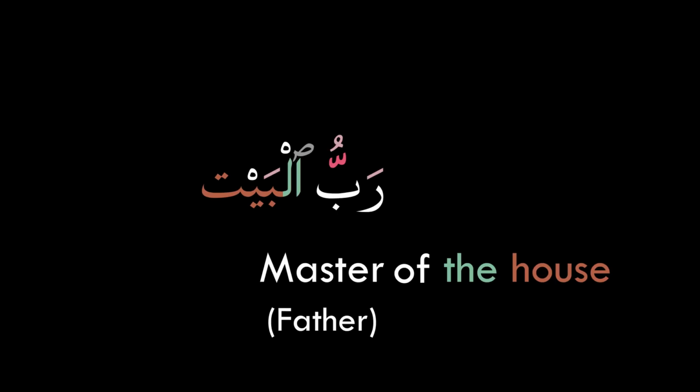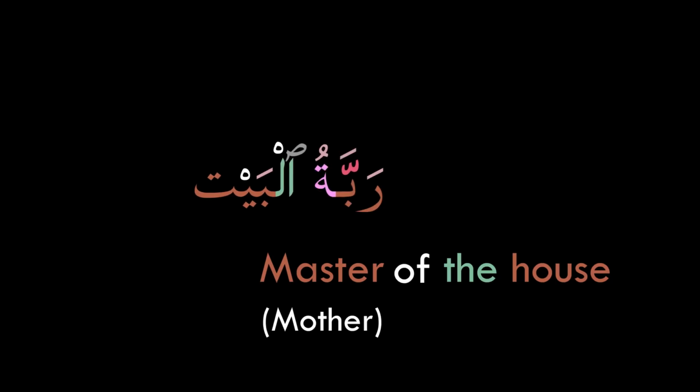So it is a masculine adjective. If she is the mother, we call it Rabbatul Bayti. Also means master of the house, but because mother is feminine, we add at-ta'ul marbuta, or the tied ta, in the end. Check the episode of Introduction to Surah Al Fatihah.